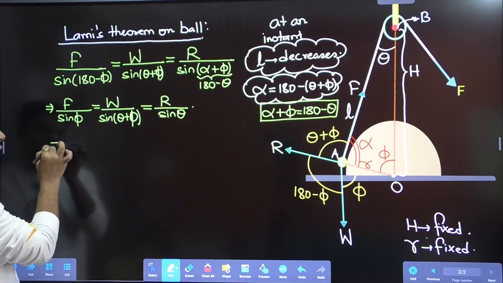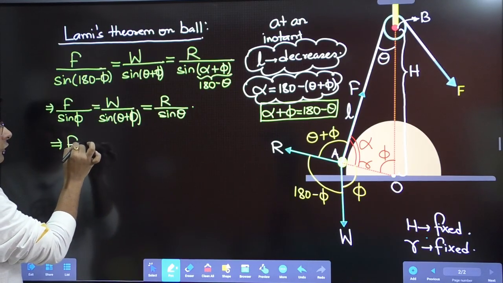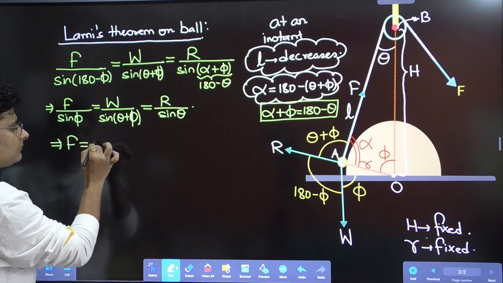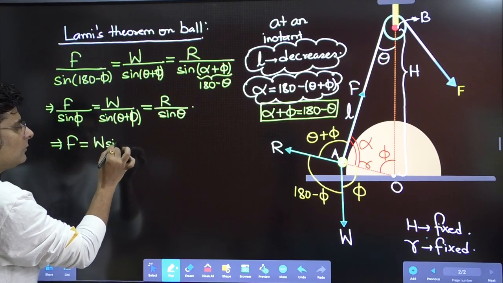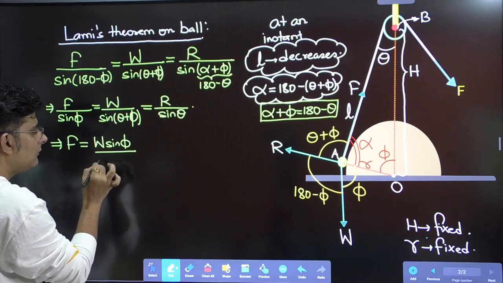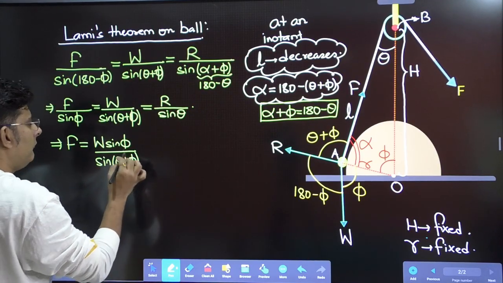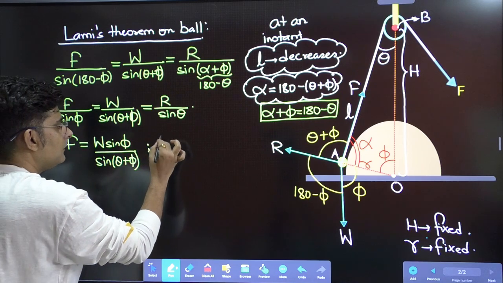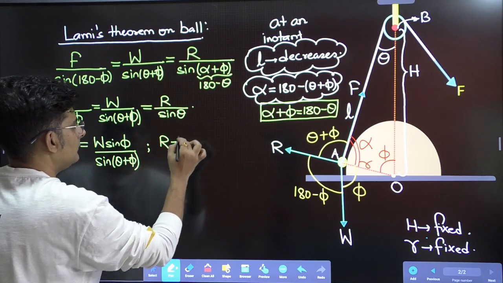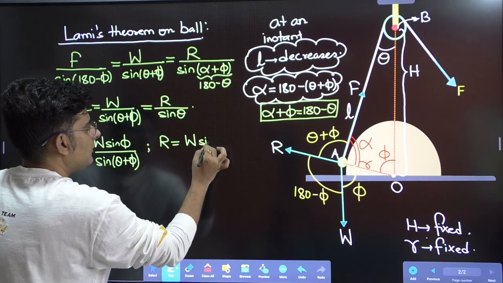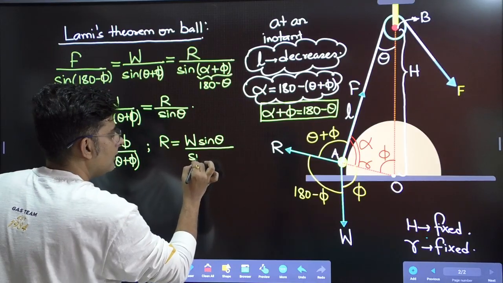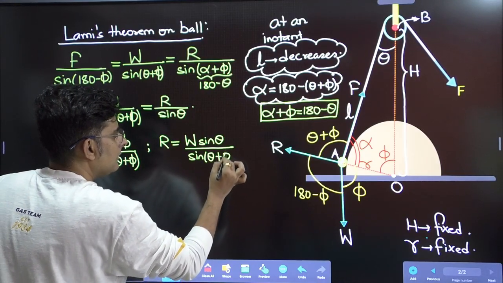So let's write these two forces in terms of W. So F will become W sine phi by sine theta plus phi, whereas R will become W sine theta by sine theta plus phi.